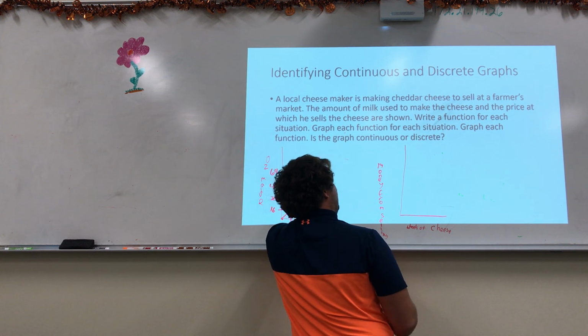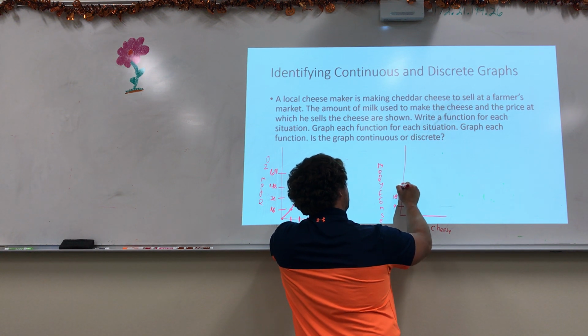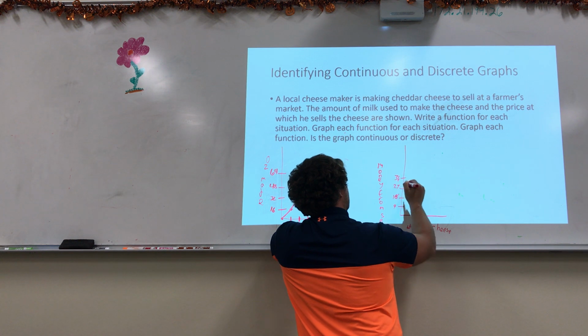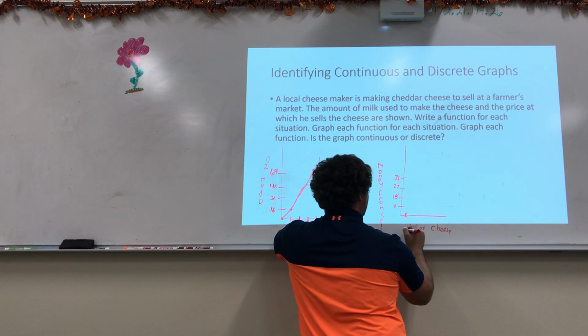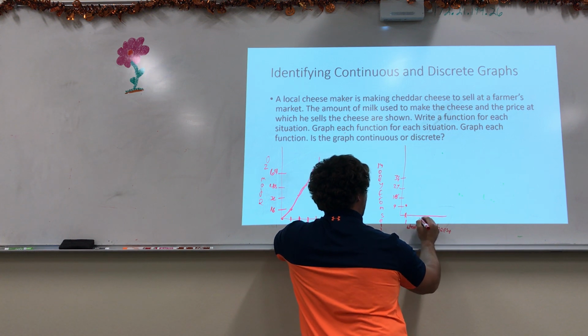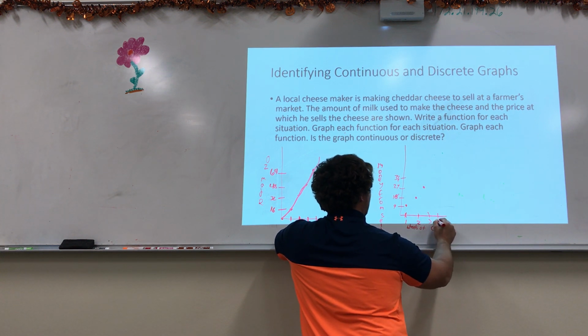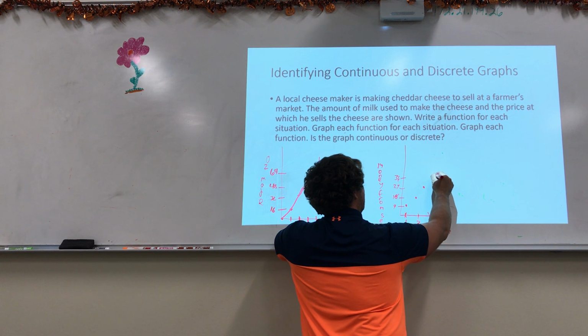Okay? So, each one of these we get $9. I'm going to go up by 9s. So it makes my life easy. If I sell one of these wheels, I get $9. I sell 2 of these wheels, I get 18. I sell 3 of them, I get 27. I sell 4 of them, I get 36.